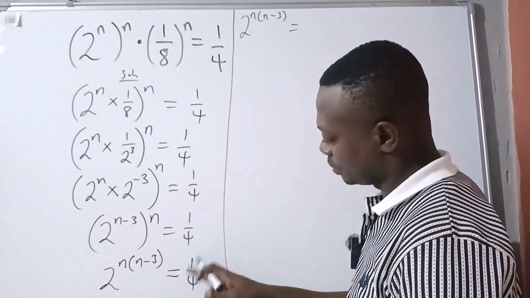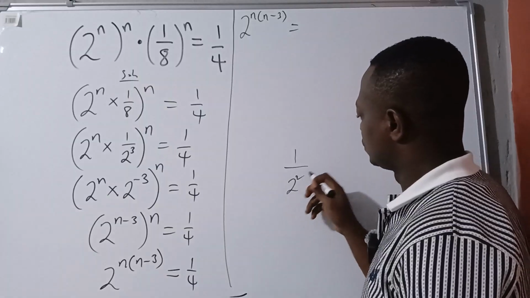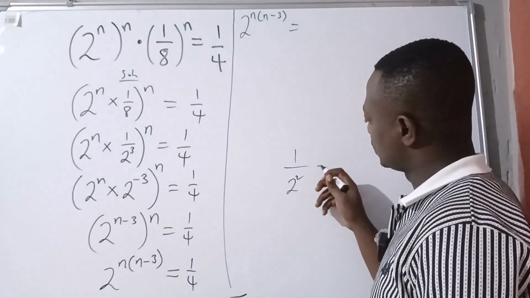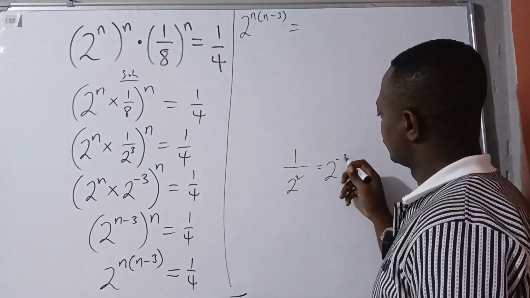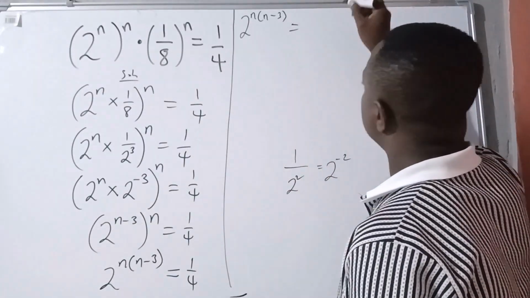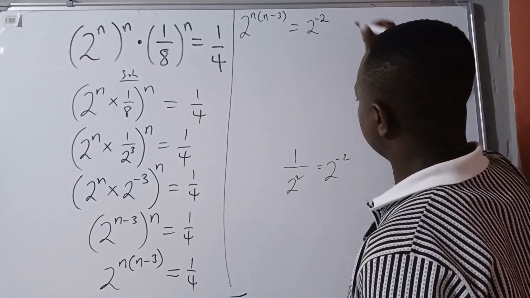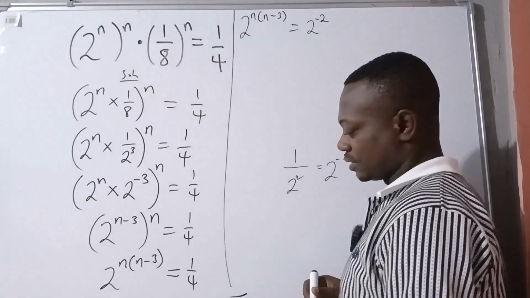If you want to write 1 over 4 in linear form, you can say 1 over 2 squared, the same as 2 to the power of minus 2. Without wasting much time, I'll make it 2 to the power of minus 2. As simple as that.